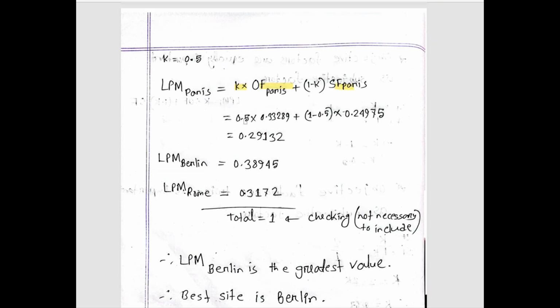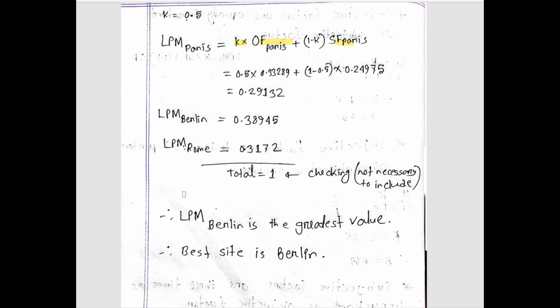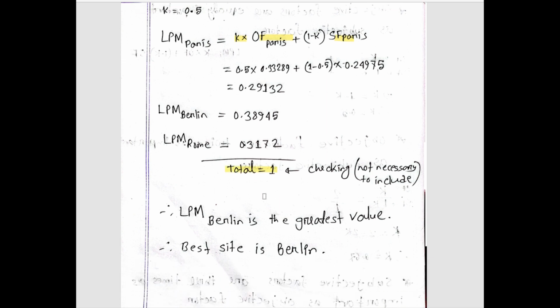So k 0.5 times objective factor 0.33289, plus 1 minus 0.5 times subjective factor 0.24975, and the result would be 0.29132. In the same way we find LPM for Berlin and LPM for Rome.